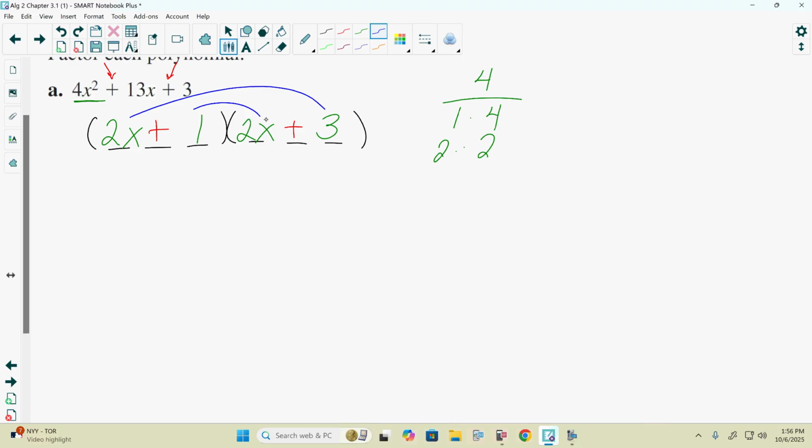Now 2x times 3, positive 2x times positive 3 is going to be positive 6x. 1 times 2x is going to be positive 2x. And 6x plus 2x is 8x. Is that the middle term we wanted? No.